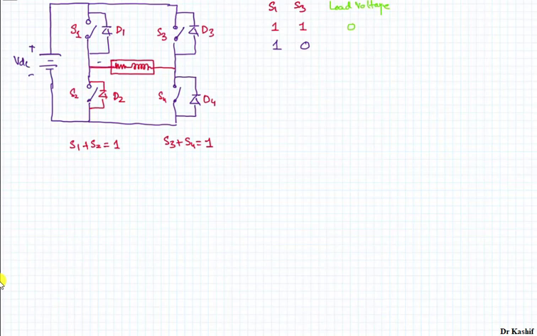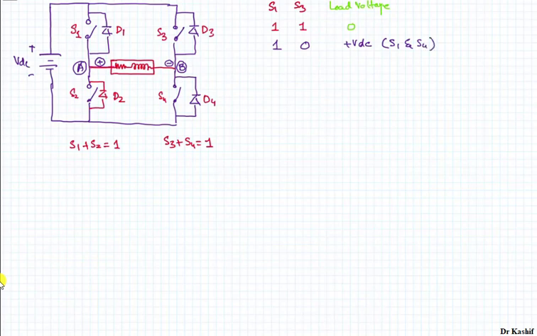So this point will be positive and this point will be negative, because point A is connected with the positive terminal of the source and point B is connected with the negative terminal of the source through the switch S4. So your voltage will be plus VDC, and switches S1 and S4 are basically conducting.